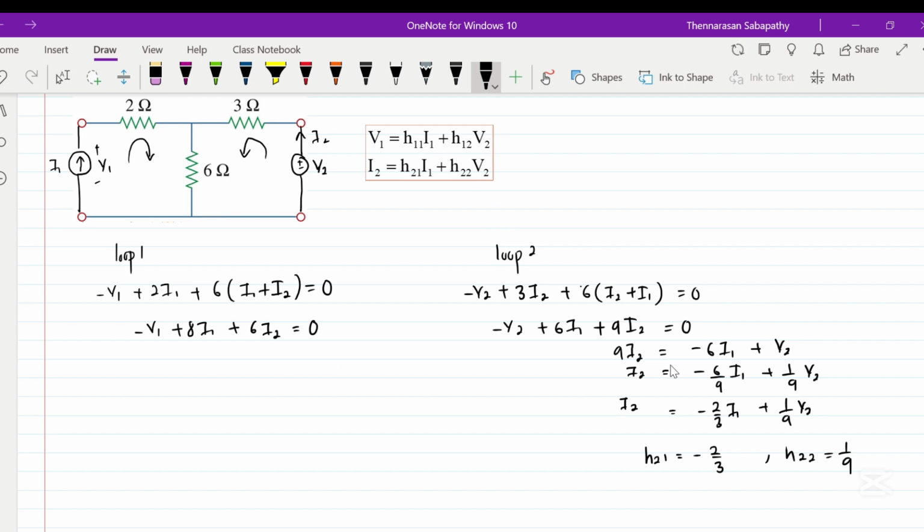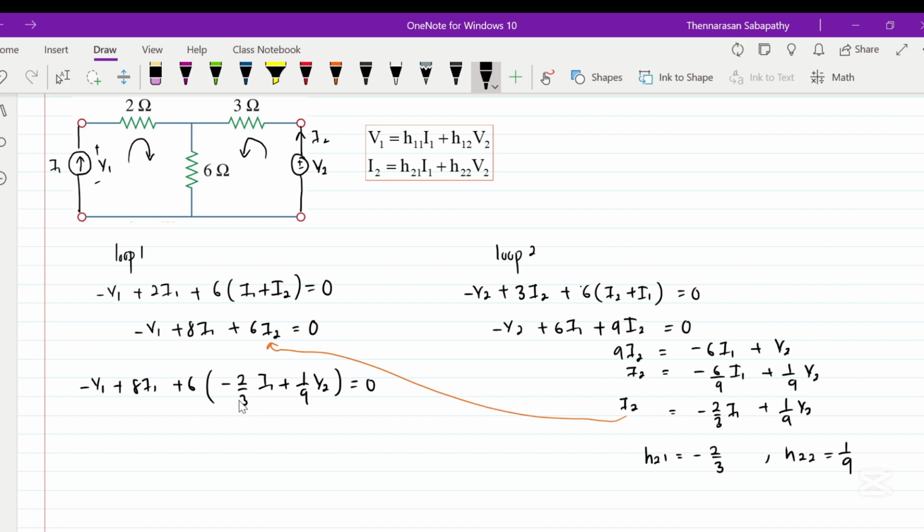So this I2 we can substitute inside this equation, so that everything is in V1, I1 and V2. So let's have a look: negative V1 plus 8I1, plus 6 times I2, which is negative 2 over 3 I1 plus 1 over 9 V2, equals 0.